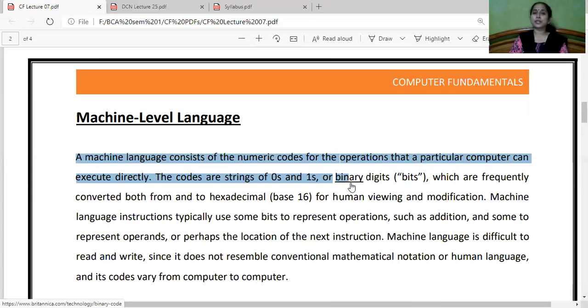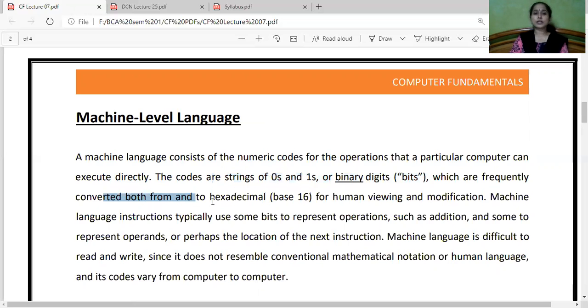The smallest unit of a computer in which you measure the storage capacity or size of data is the bit, and 8 such bits make up 1 byte. One bit can have a value of either 0 or 1. The codes are strings of zeros and ones, or binary digits, often known as bits, which are frequently converted to and from hexadecimal, as you all know, for human viewing and modification.